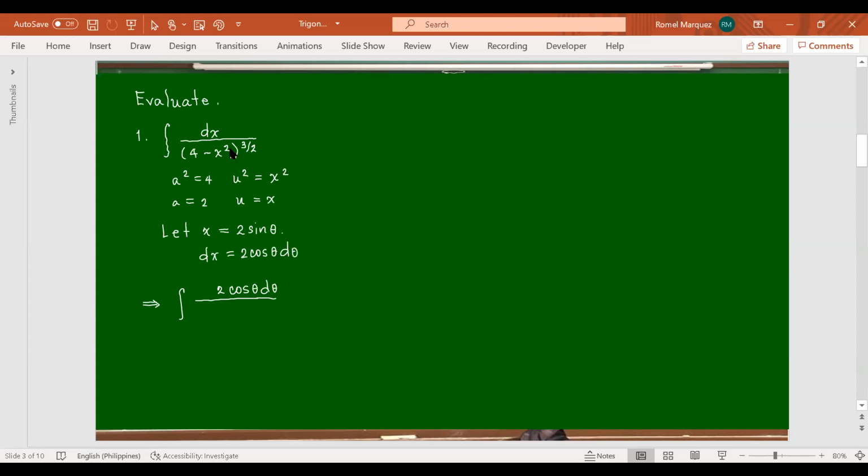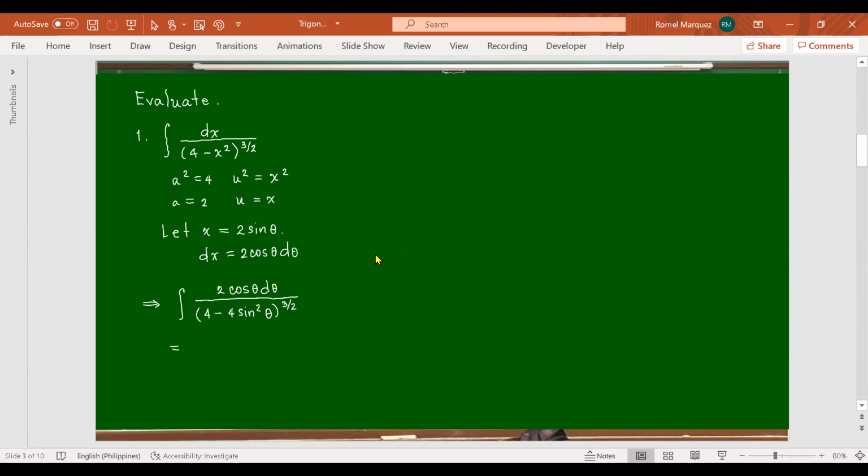Am I right, guys? And then for the denominator, we have 4 minus x squared, which is 4 sine squared theta raised to 3 halves. Let's try to express this difference in terms of one term, that is, in terms of cosine.